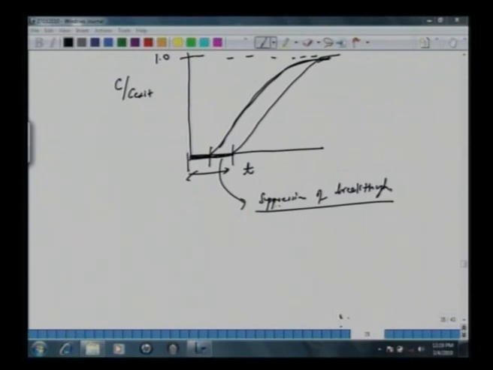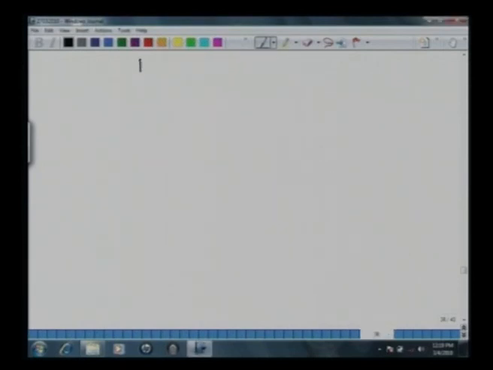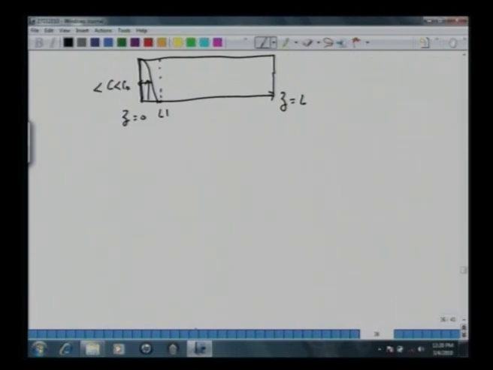So it's a suppression of breakthrough. Now we would like to further discuss this horizontal column, and see the profile at a certain time. This is increasing Z here. This is Z equal to 0, and this is Z equal to L. We have certain regions where the profile has gone like this. It means the entrance here is completely saturated, and somewhere between 0 and say L1 the concentration is less than C0 but greater than 0.